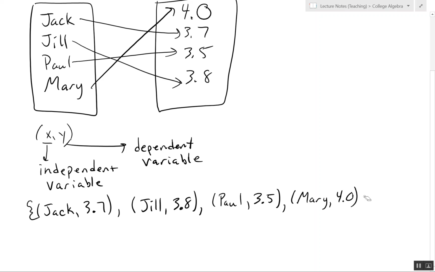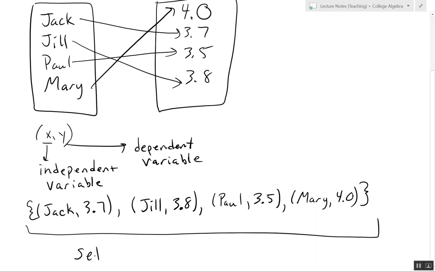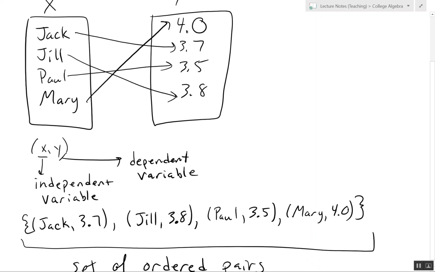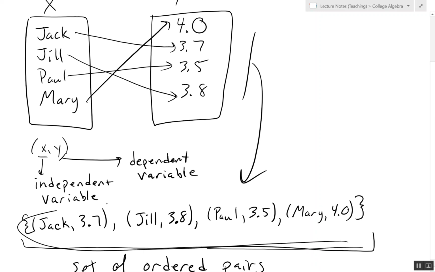Now, that one didn't turn out so hot. Let's draw it again. And so this is a set of ordered pairs. When I say write a relation as a set of ordered pairs, this is what I mean. I want you to take something like this and turn it into something like this.